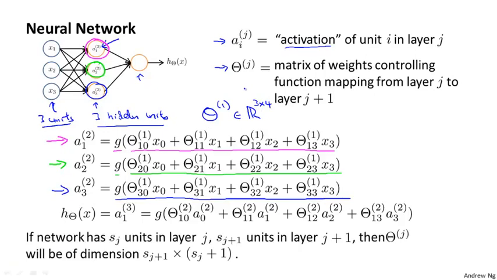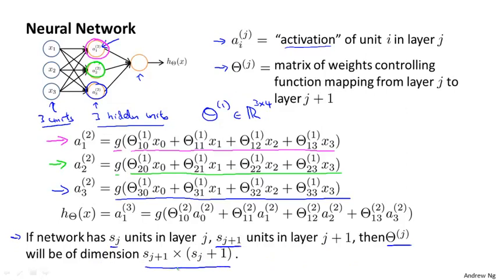More generally, if a network has Sj units in layer j and Sj plus 1 units in layer j plus 1, then the matrix theta j, which governs the function mapping from layer j to layer j plus 1, will have dimension Sj plus 1 by Sj plus 1.